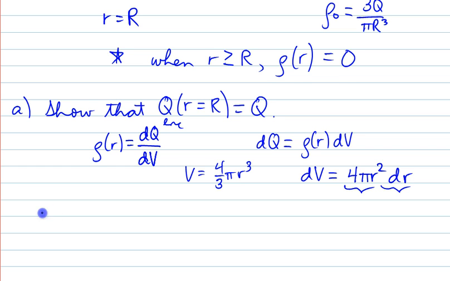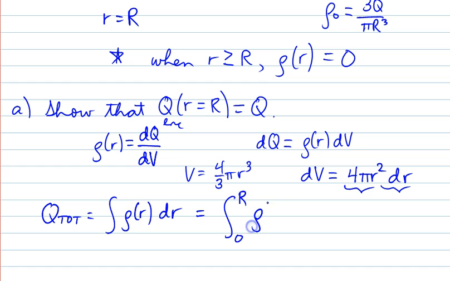Okay, so Q total is going to be the integral of rho of r dV. Well, we have to be careful. We're going to go from 0 to big R, rho of r times 4 pi r squared dr, because really back here we want dv.